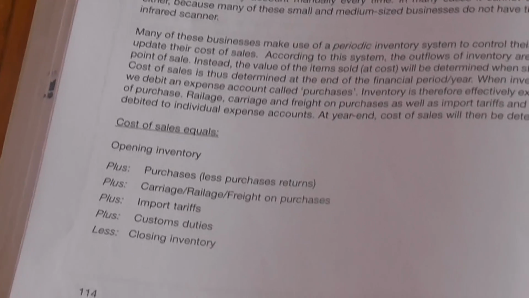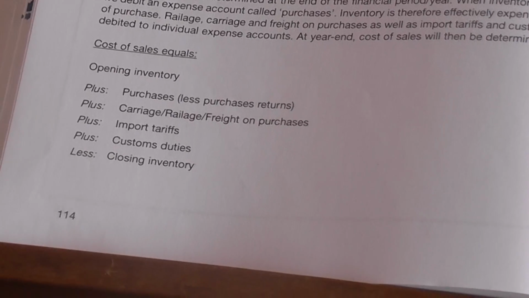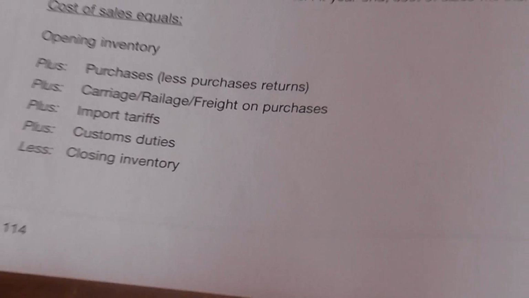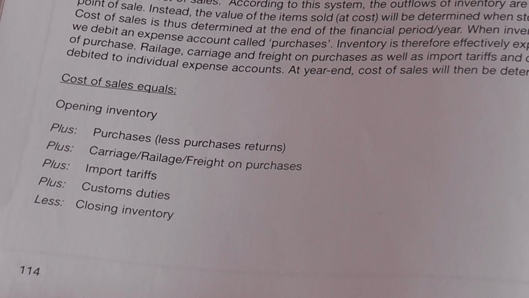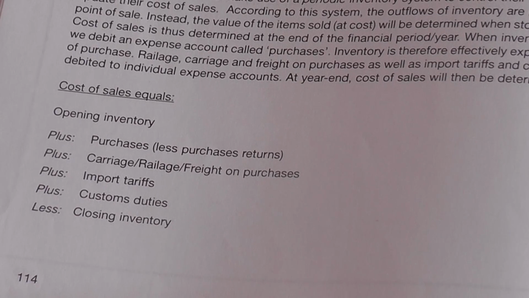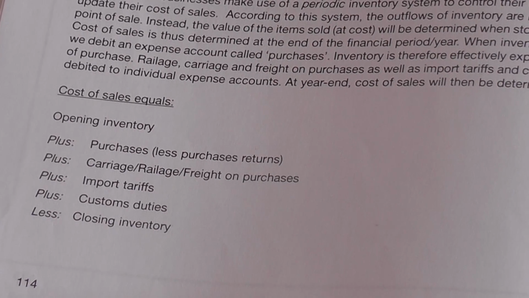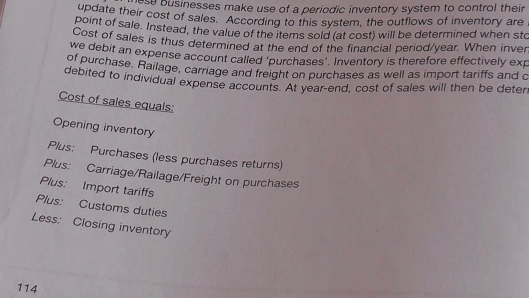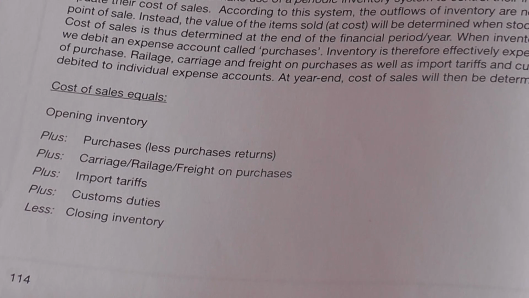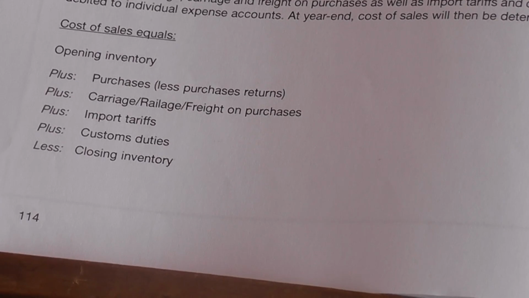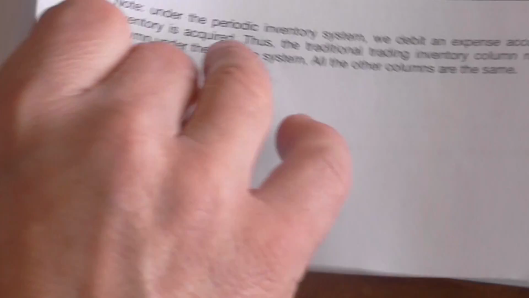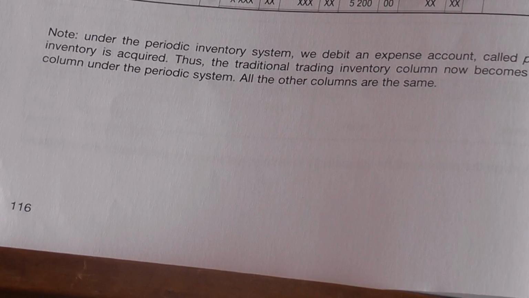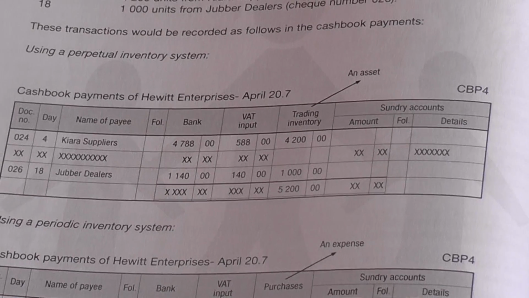Okay, and as you can see, there is the formula that we will be using there. It's your opening trading inventory plus your purchases, less your purchase returns, plus your carriage, railage, freight on that, plus your import tariffs, plus your custom duties, giving the closing inventory. Now just to give you that example, sorry, this is the weirdest thing I've ever done.